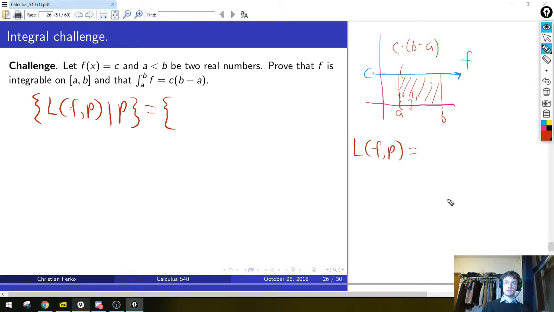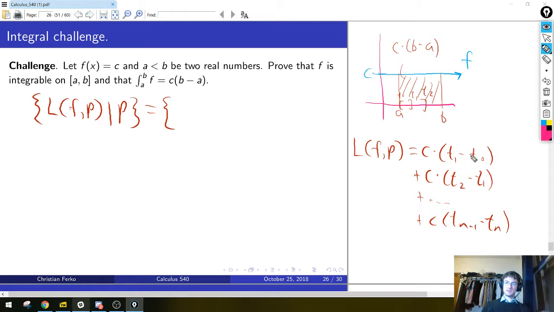The infimum is going to be C. That's the infimum on any interval, right? So C times (t1 minus t0). Now we have the next one, t2, and the infimum is again C, so C times (t2 minus t1), plus dot dot dot, and then the last one, minus tn.